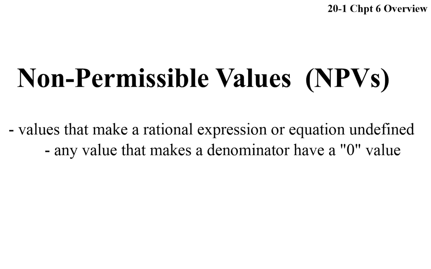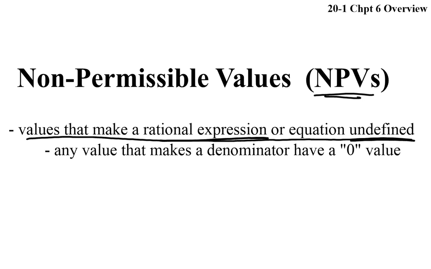Because we also then have to worry about non-permissible values. Now this is sort of a little piece that's important in this unit, but separate from all of the work. Non-permissible values, or NPVs, are the values that make a rational expression or equation undefined, because everything is fractions in this particular unit.